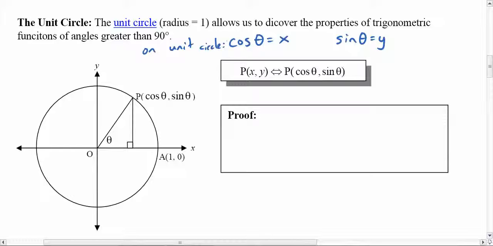Okay, a unit circle just means that the radius is 1. So let's prove this fact.